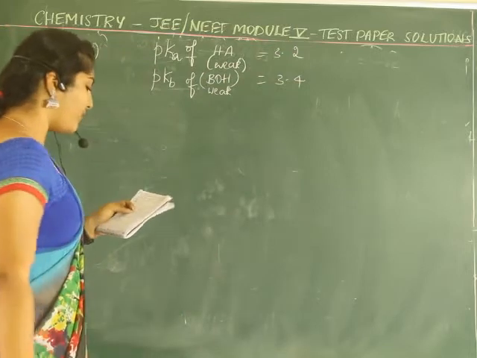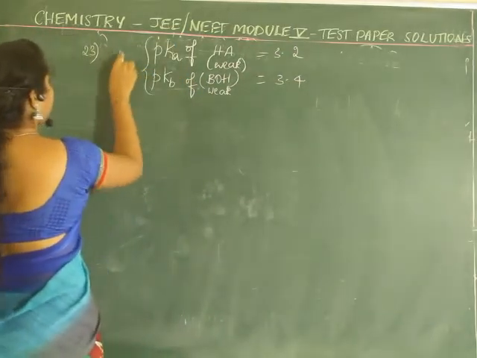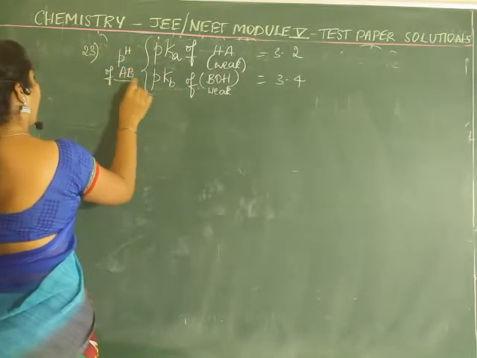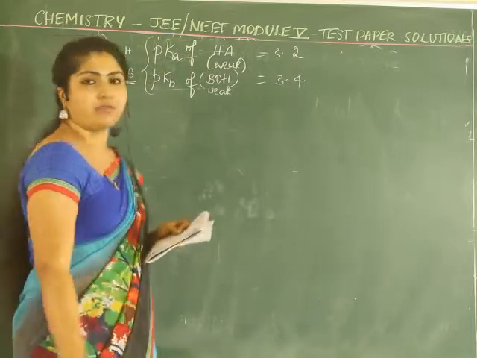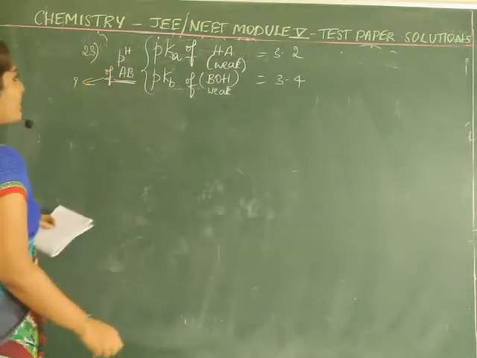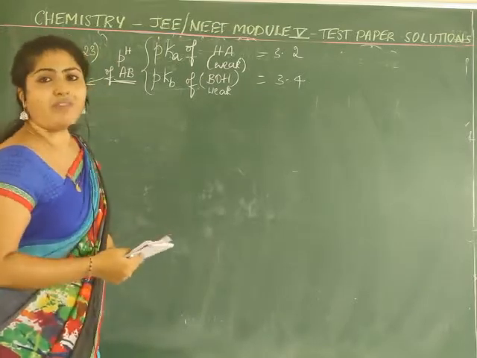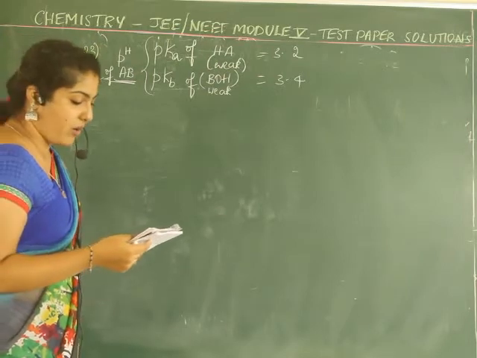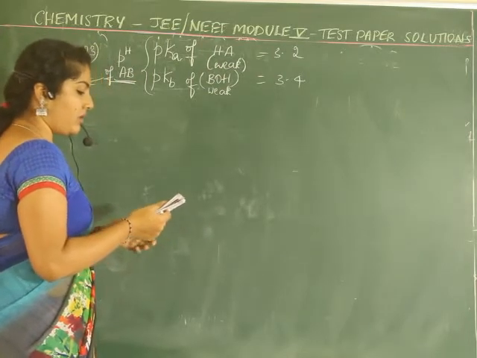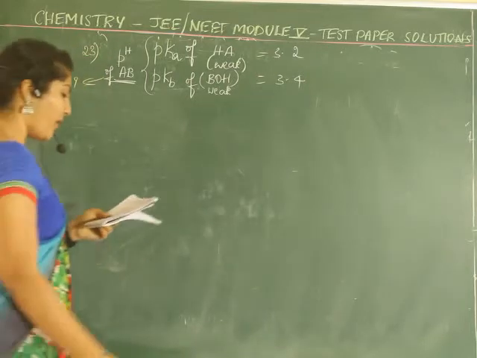The pH of their salt, that is, the pH of salt AB, is what we have to find out. They have given you pKa and pKb values for the weak acid and weak base, and they have asked what the pH of the salt formed by these is. The options are 7.2, 6.9, 7 and 1.0.